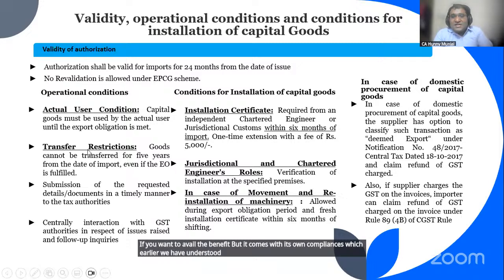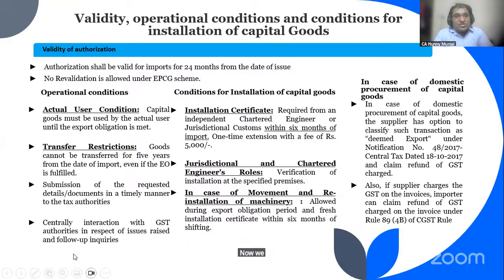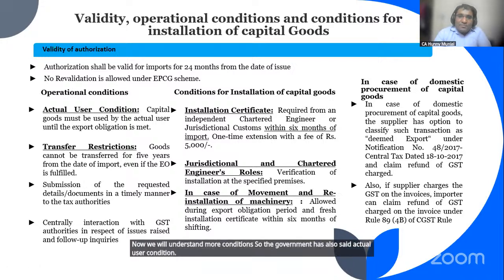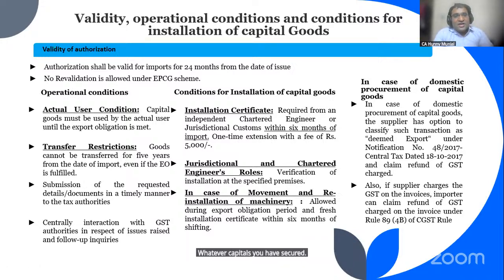There's an export obligation, which is 6 times of the duty charged or the taxes charged within the period of 6 years. Now we will understand more conditions of it. The government has also said there is an actual user condition. Whatever capital goods you have procured, they have to be used by you only. You cannot just sell it because you have got the benefit and get the money.